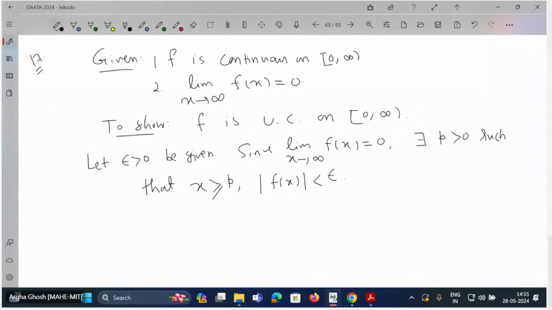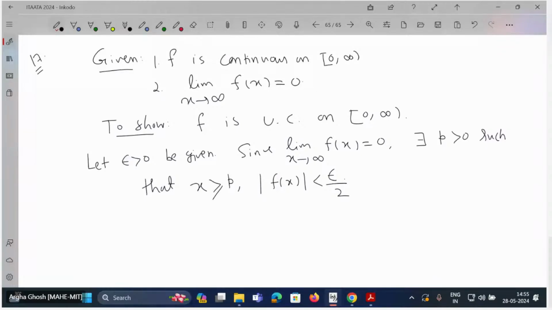Later you might need epsilon by 2 or something like that, so let's say epsilon by 2. So if you have a number x greater than or equal to p, then mod of f(x) will be less than epsilon by 2.